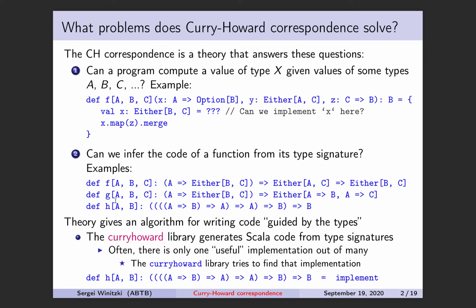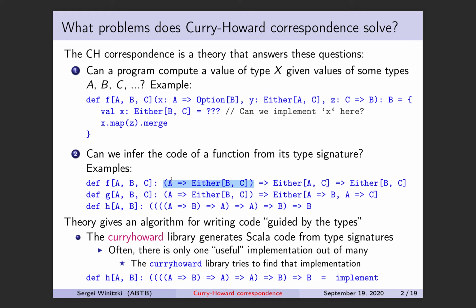So here are three examples of type signatures. Again, these are the type signatures of functions with type parameters such that the arguments are entirely types made up of type parameters. So there are no specific types here like integer or string. They're always only type parameters. That's very important.